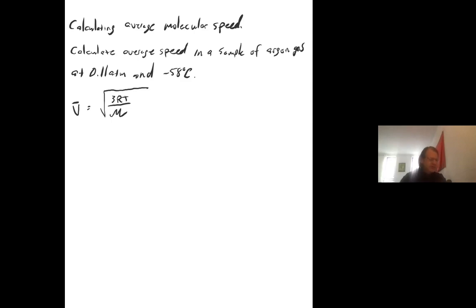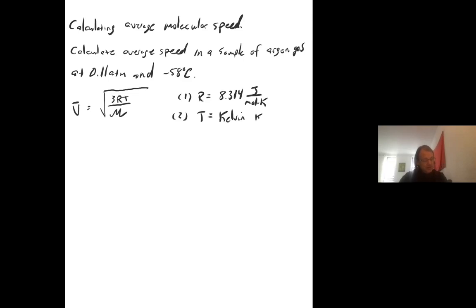Now, there are a couple of factors here you have to be very careful about. One, make sure for R, you're using 8.314 joules per mole Kelvin. Two, make sure the temperature is in Kelvin, not in degrees C, right?